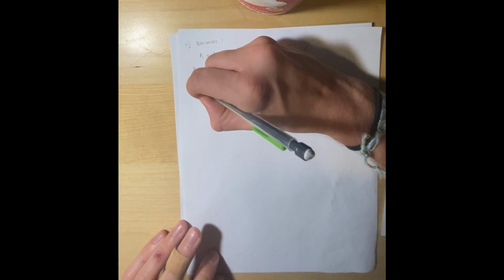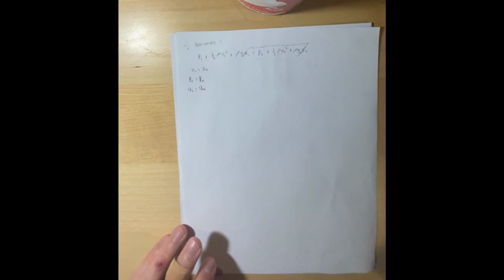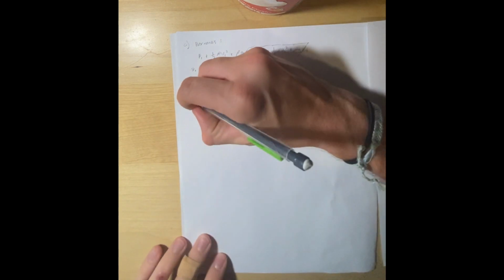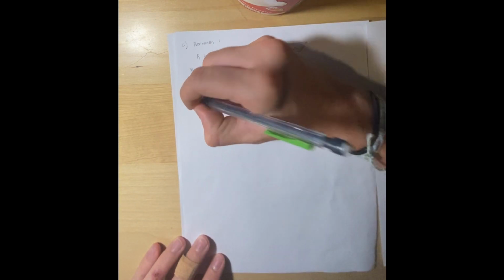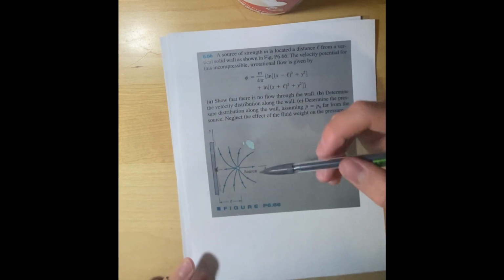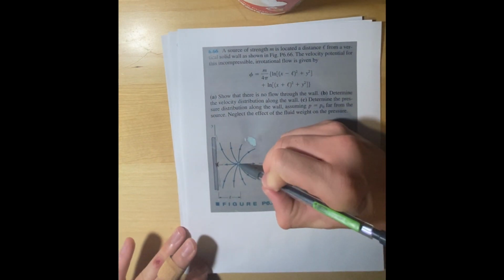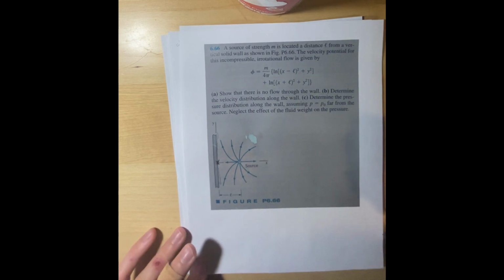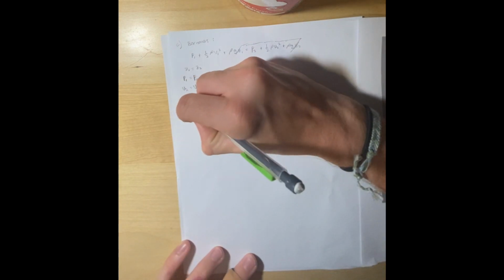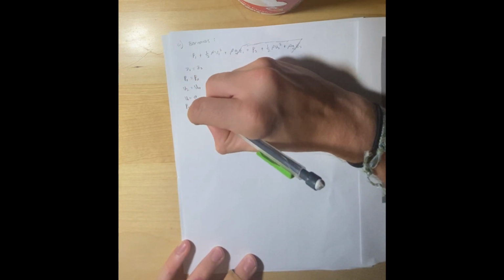V2 is equal to the velocity distribution at the wall here, right there. V1 is going to be equal to 0 because V1 is our initial velocity at the source, and at the source here our initial velocity is 0 because the source is not moving. And P2 is going to be equal to the pressure at the wall.